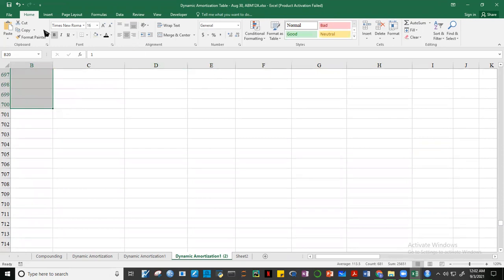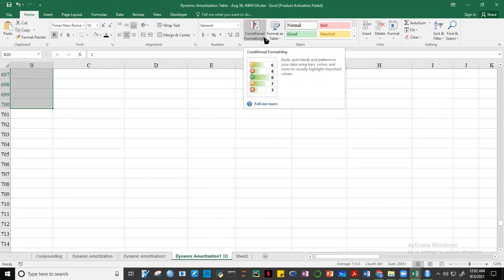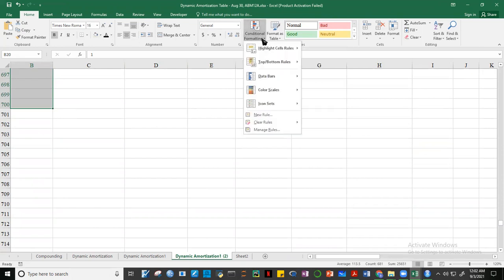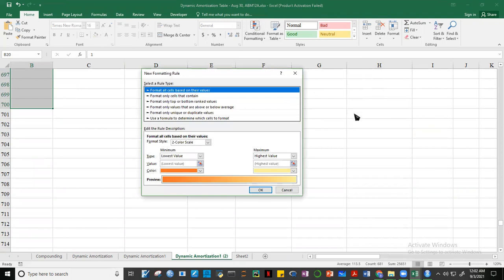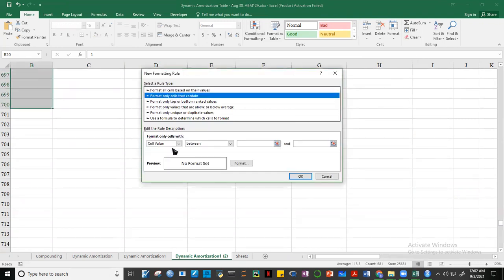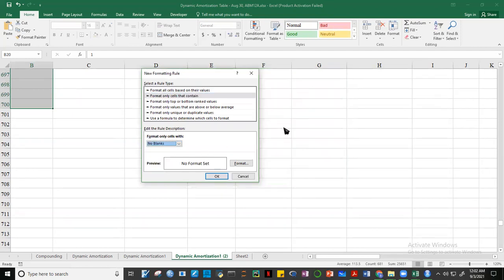Then once again, Home, conditional formatting, new rule. Tapos yung second one, format only cells that contain, no blanks. Yung mga no blanks lang, ibig sabihin yung may mga laman lang.